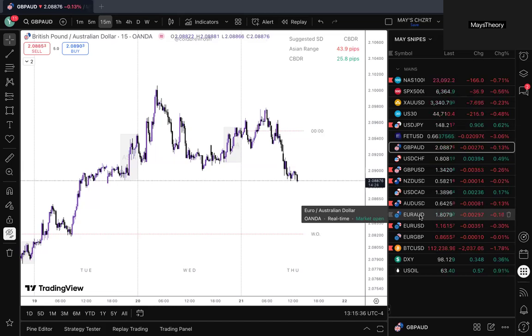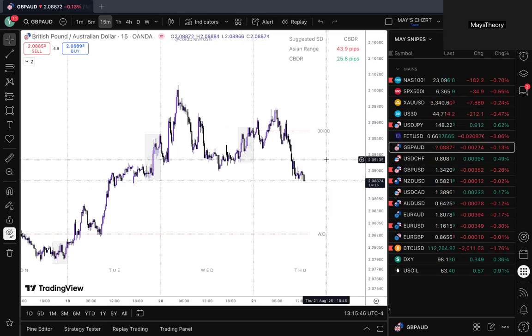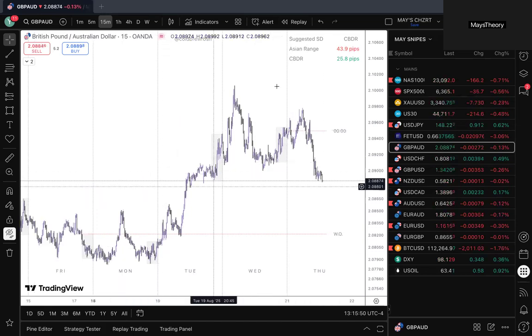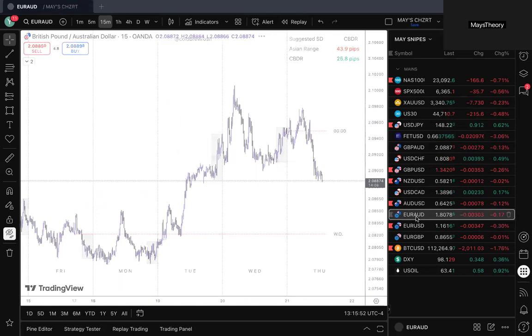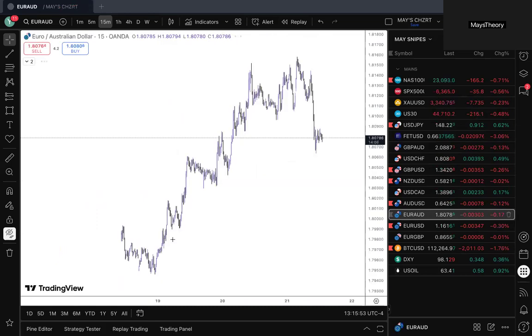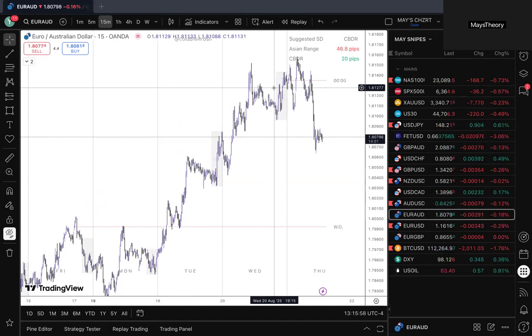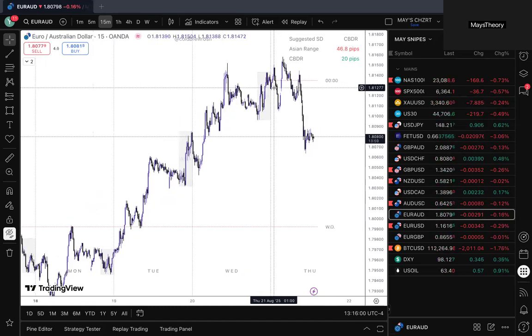Now, the reason why I'm talking about the crosses today is one of the things that you want to understand: when the dollar is consolidating, we would see the crosses deliver expansion. So if you look through this week where we've seen the dollar a little bit sluggish, we would see a pair like GA expand. We would also see a pair like EA expand. And this just gives you an insight to that. But that's not what we're talking about.